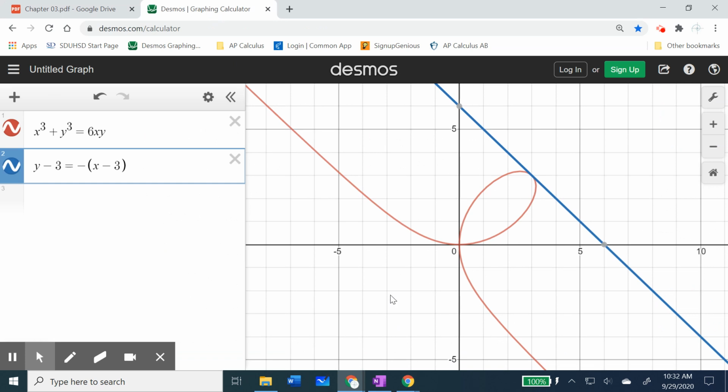Is that cool? So the folium of Descartes and the tangent line at that specific point. And that's a really important point, as you can see. As far as quadrant 1 is concerned, that is like the point that is farthest distance-wise from the origin.